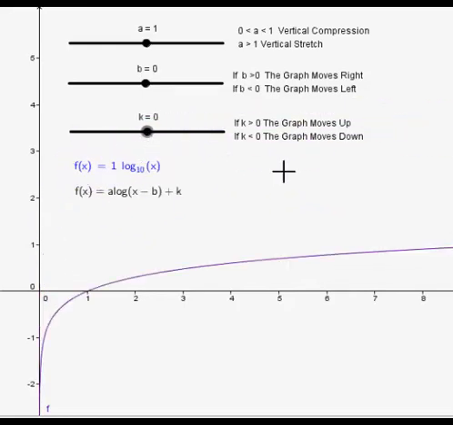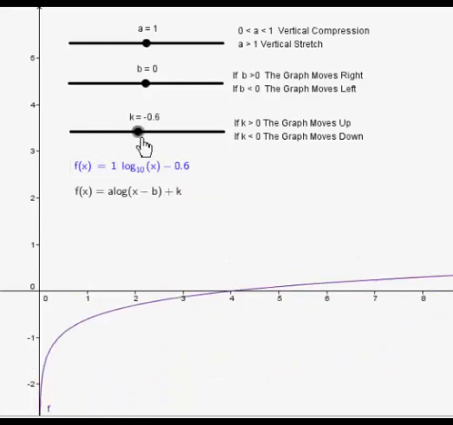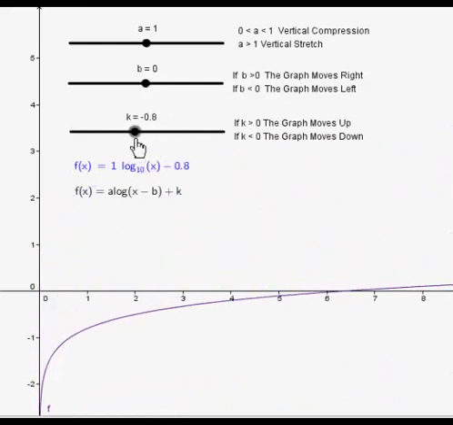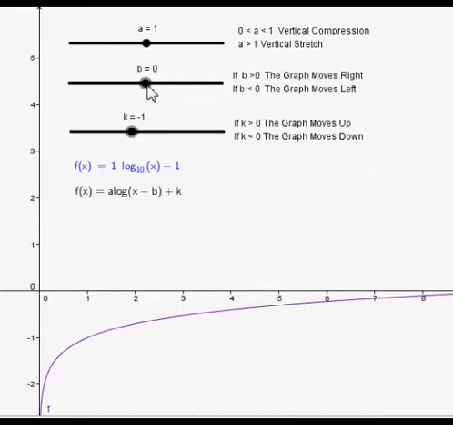Moving the slider to the left gives me negative k values, and as I subtract larger and larger values, the graph goes further down. So k moves the graph up and down, which would change your horizontal intercept, but does not change the vertical asymptote. In fact, the vertical asymptote will be 0 because I've let b be 0.